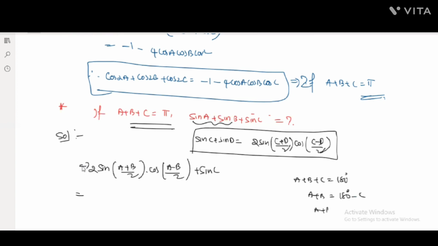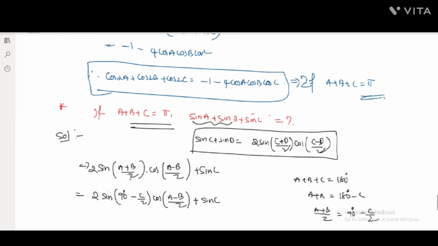But we need here (a plus b) by 2, that means it will become 90 minus c by 2. So that will be substituted here: 2 sin (90 minus c by 2) cos of (a minus b) by 2 plus sin c.